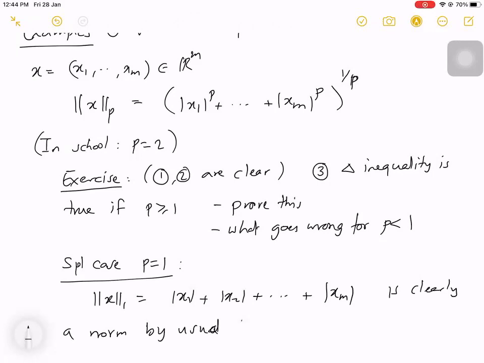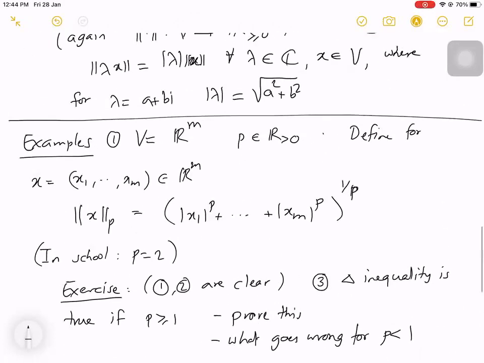The usual triangle inequality, which you can do by hand again if you would like. All right, so this is one thing.